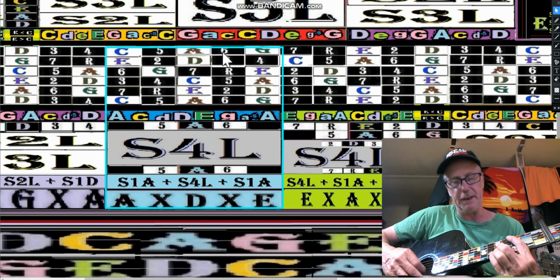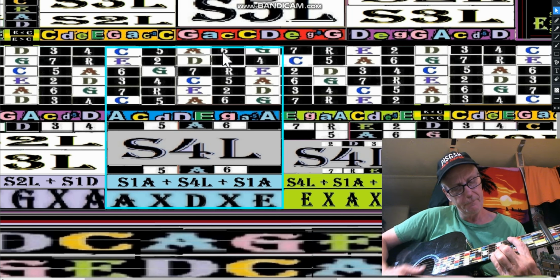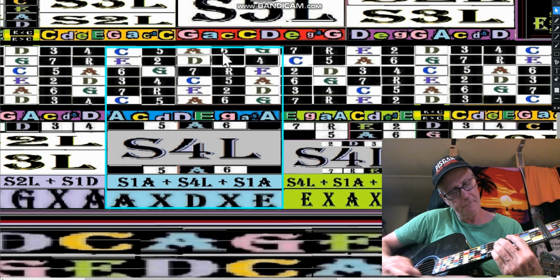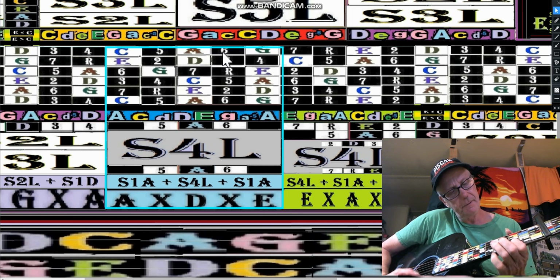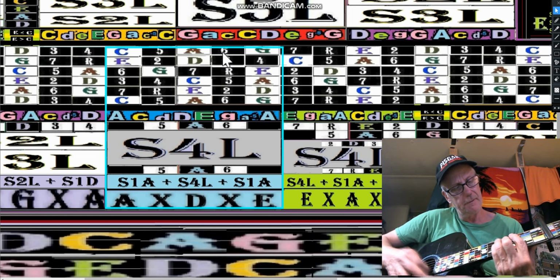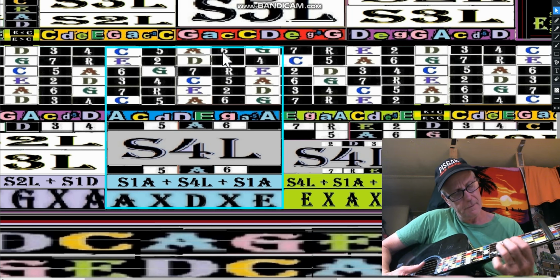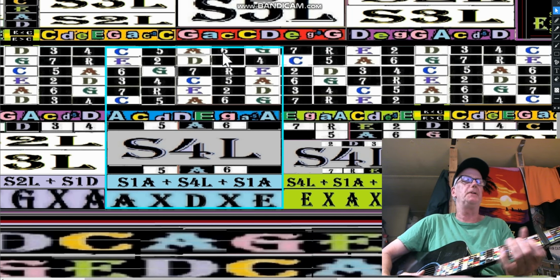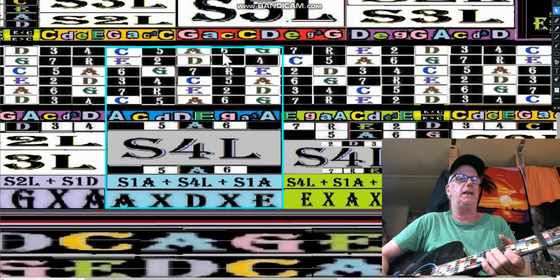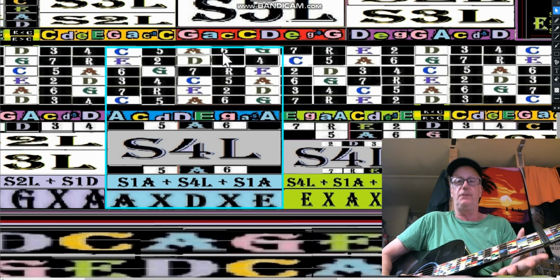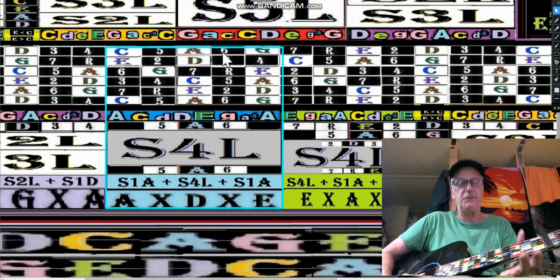That D shape, I didn't get that too good. You see, you've got to follow them exactly. One little mistake, one little fret to the right or the left, and you're not going to get it. It has to follow the shape.